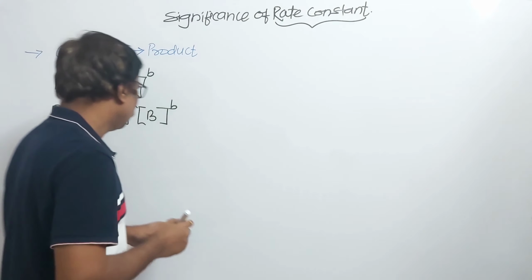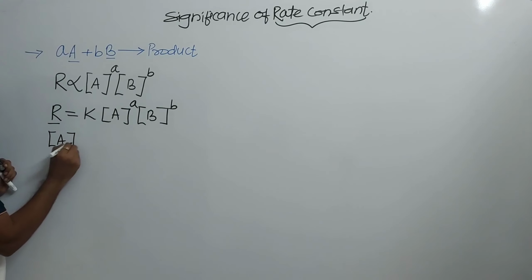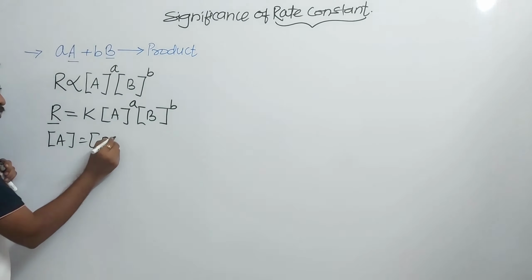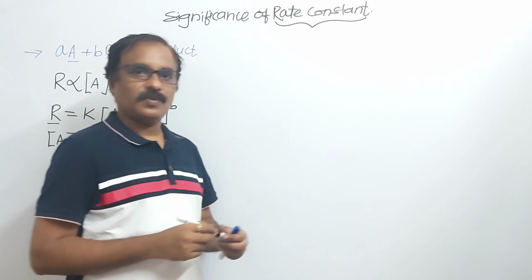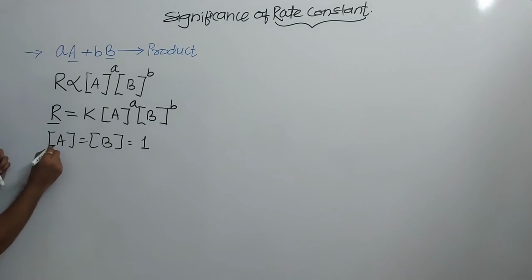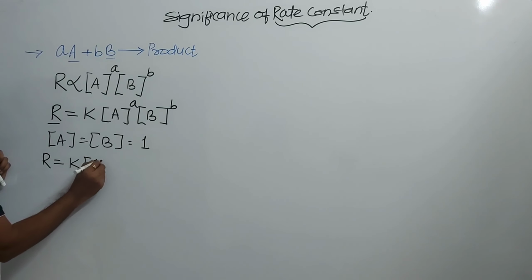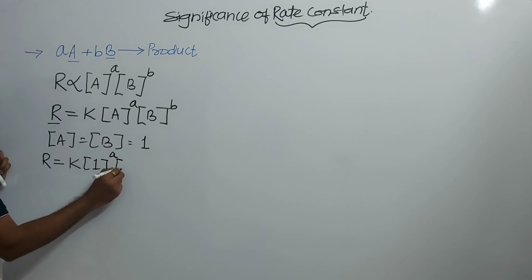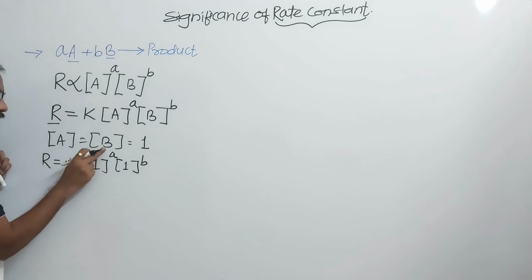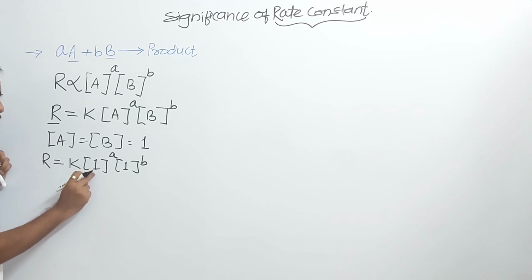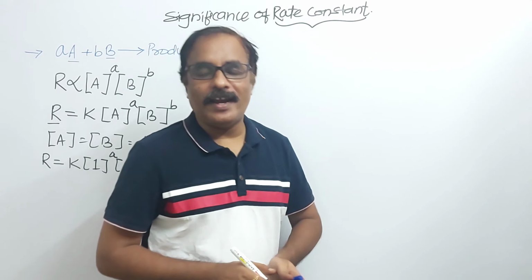So don't worry. Suppose the concentration of A is equal to the concentration of B, and suppose it is unity. Then the same equation we can write as R is equal to K into 1 to the power a and 1 to the power b.